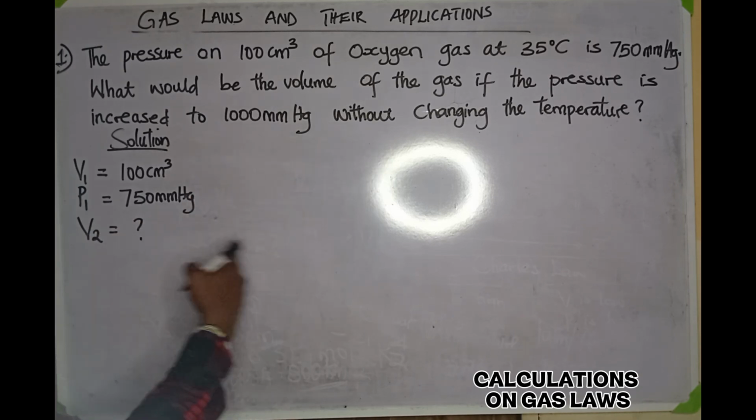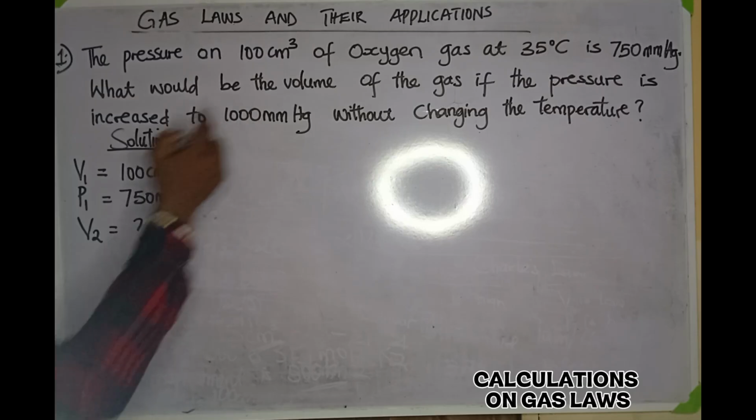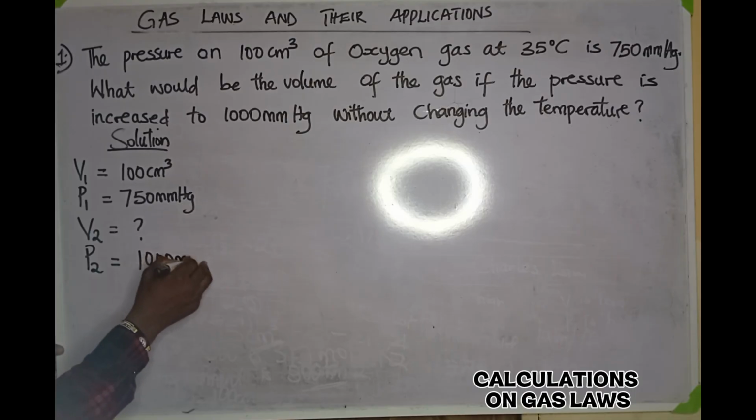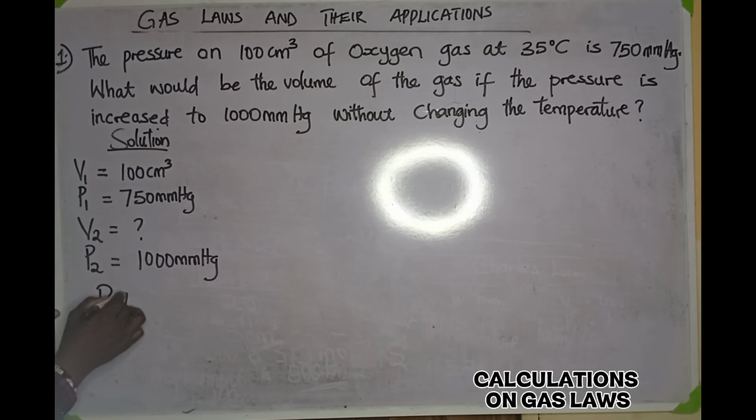If the gas pressure is increased to 1000 millimeters of mercury. You can see P1, V1, P2, V2, so we use P1 V1 equals P2 V2. You remember this formula?